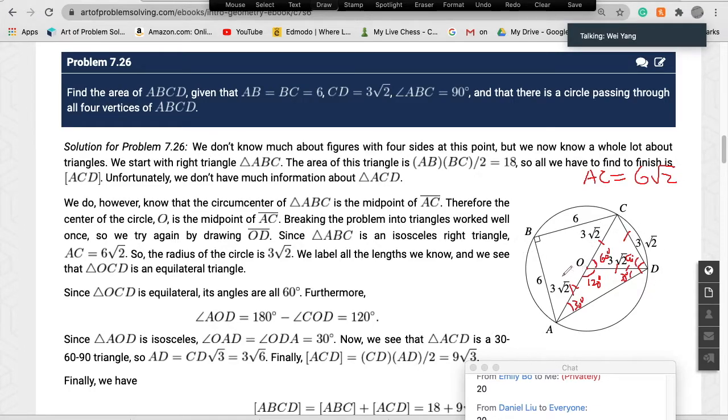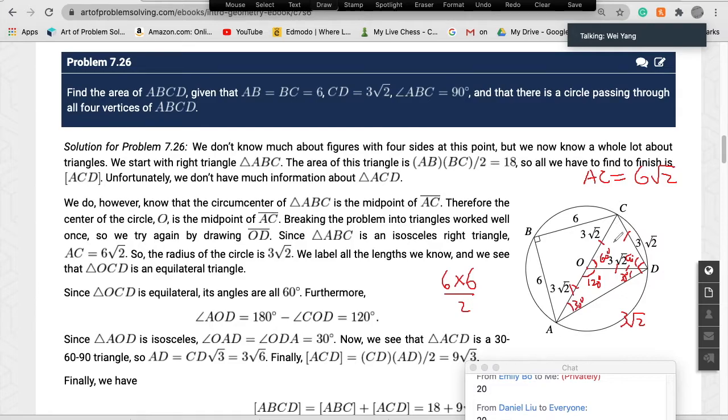It's very easy, right? You separate this into 2 right triangles. So calculate the area of each right triangle. For this one, that will be 6 times 6, divided by 2. This is the area of triangle ABC. Then the area of triangle ACD: CD is 3 root 2. Then what is AD?